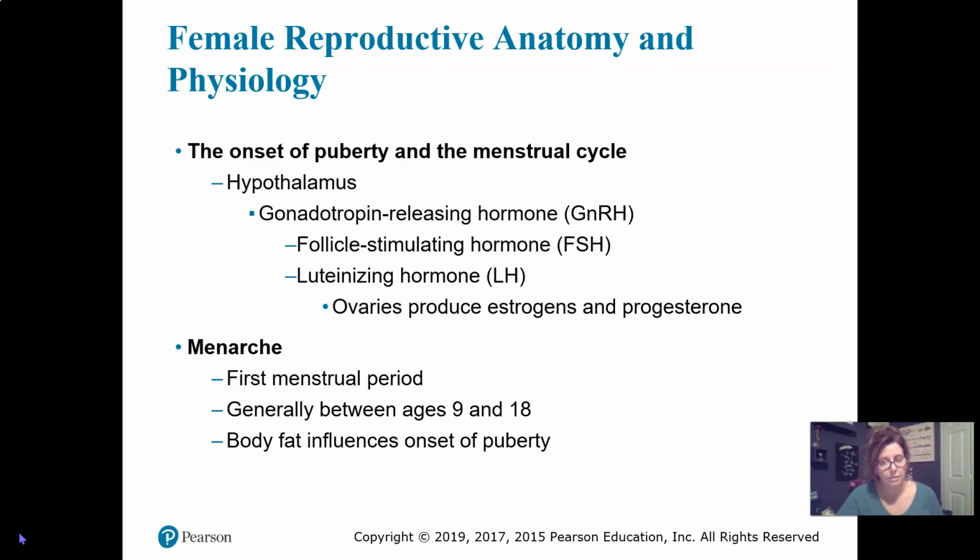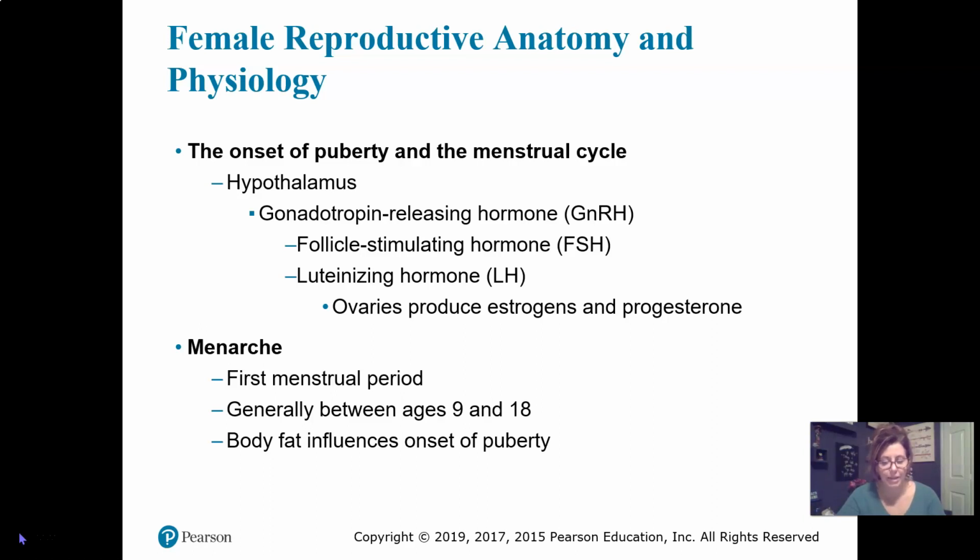Estrogen regulates the menstrual cycle, and progesterone helps the endometrium to develop in preparation to nourish fertilized eggs, and helps maintain pregnancy.